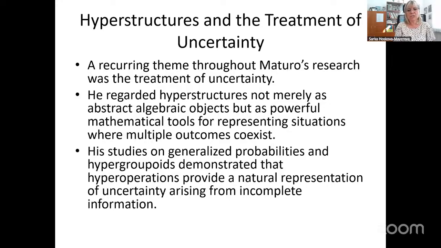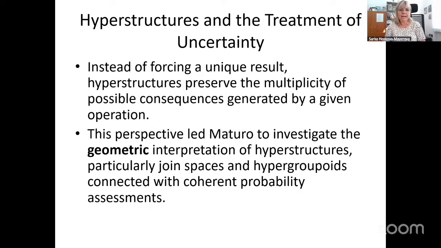His studies of generalized probabilities and hypergroupoids demonstrated, on various examples from real life, that hypergroupoids provide a natural representation of uncertainty arising from incomplete information, as incomplete information is very frequent in social science, or arises very often from real life.